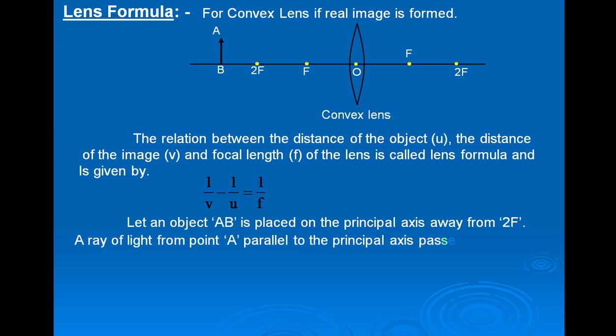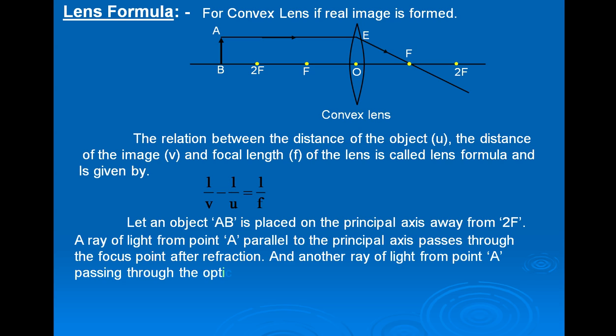A ray of light from point A parallel to principal axis passes through the focus point after refraction according to the first rule to draw ray diagram. So this is the incident ray of light AE parallel to the principal axis and passes through focus point after refraction.